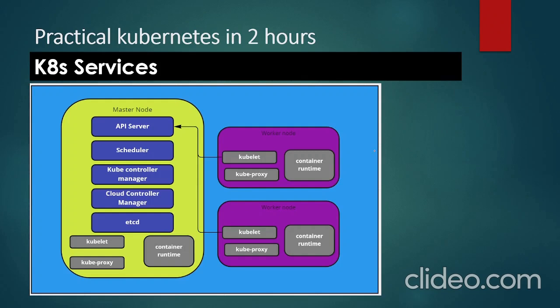Talking about some of the Kubernetes services, we have discussed master nodes as well as worker nodes. In every node, you have three essential components which you can see on the screen. First, kubelet: just think of that as an agent.